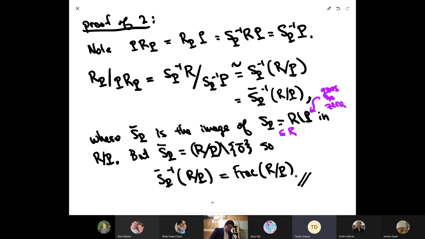I guess a small notational thing. So some notation.